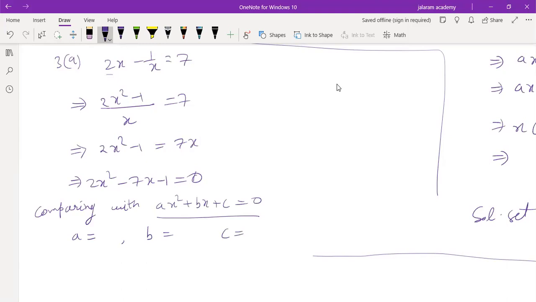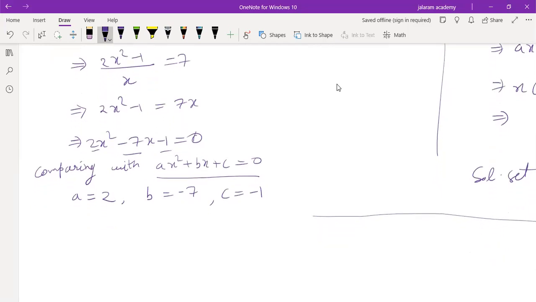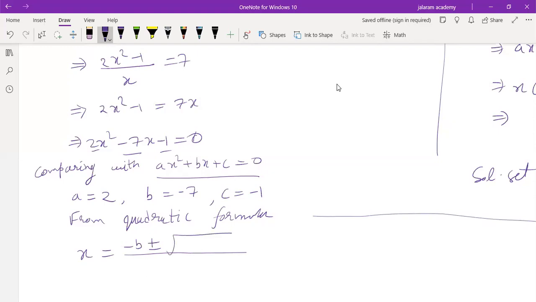Sir, a is equal to 2, b is equal to minus 7, and c is equal to minus 1. And now we write the quadratic formula to solve the quadratic equation, which is x equals minus b plus minus under root b square minus 4ac upon 2a.